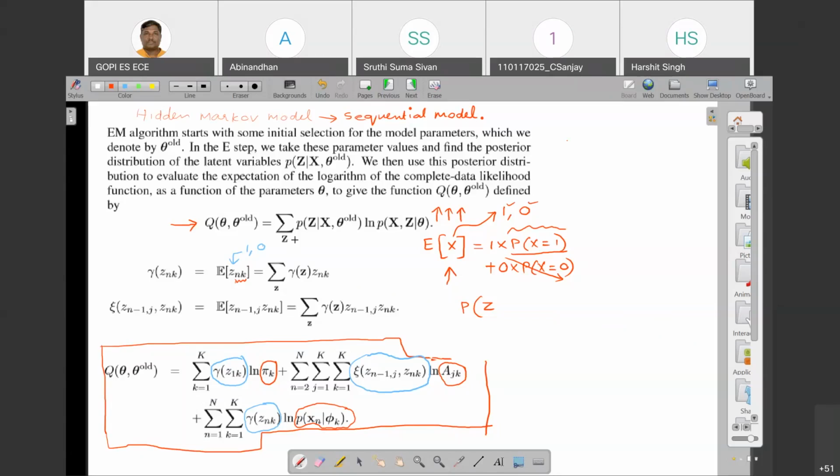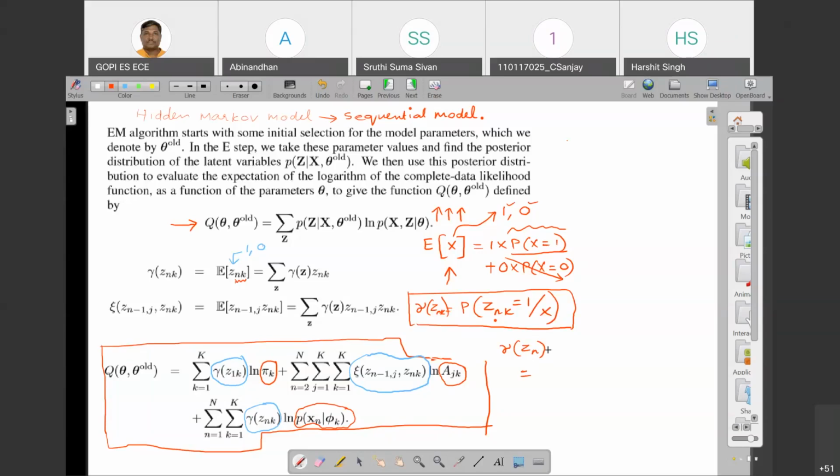We say this gamma of Znk. This is another way of writing this: gamma of Znk can be written as probability of Znk equal to 1. Suppose I write it as gamma of Zn, it indicates that Zn takes any one of the values, 1 or 0.